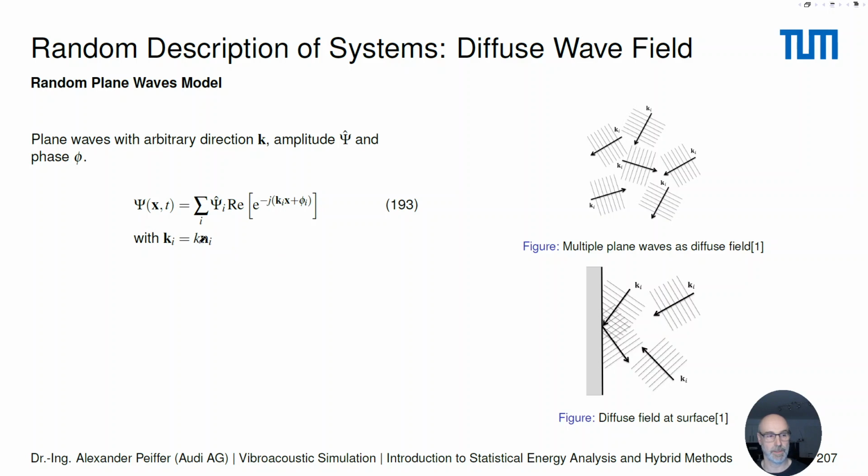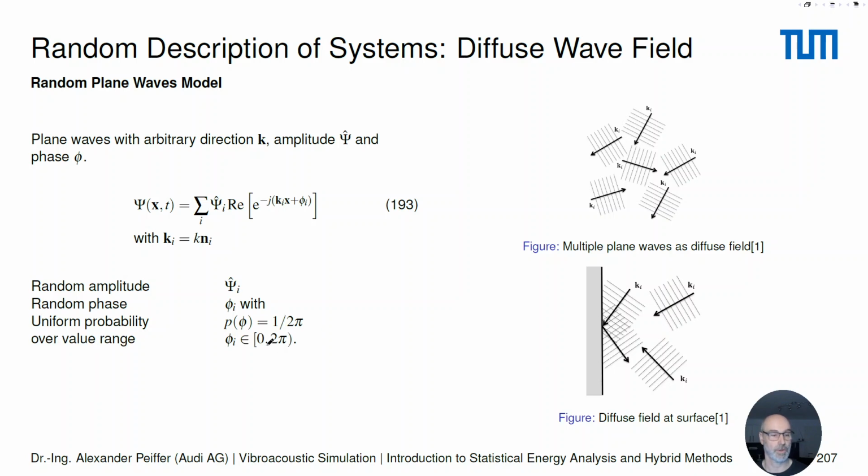It could also be a scalar using a direction vector, the normal vector n. So this consists of the random amplitude given by psi index i and the phase. Random waves with a uniform probability in an angle range of 0 to 2 pi. This is why the probability is just the reciprocal of 2 pi.